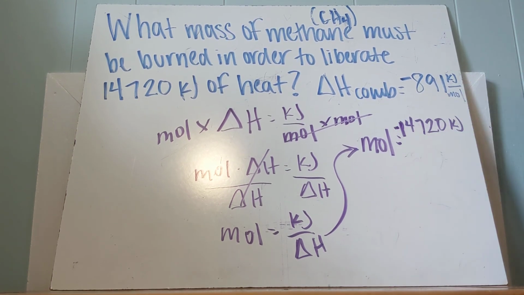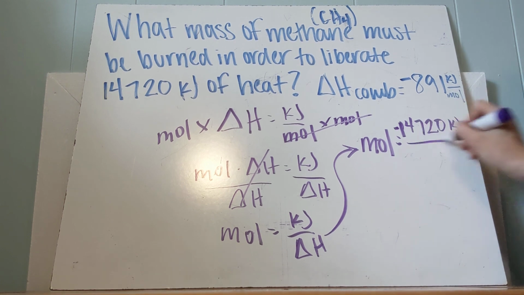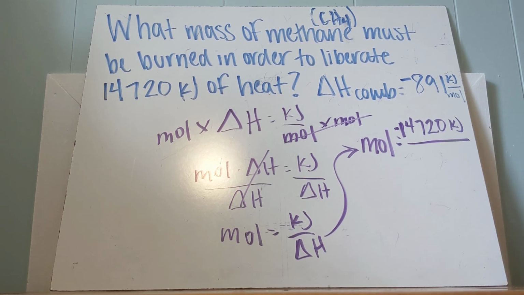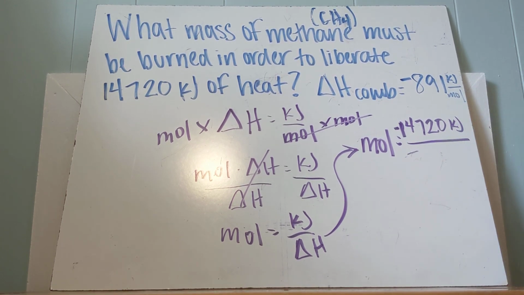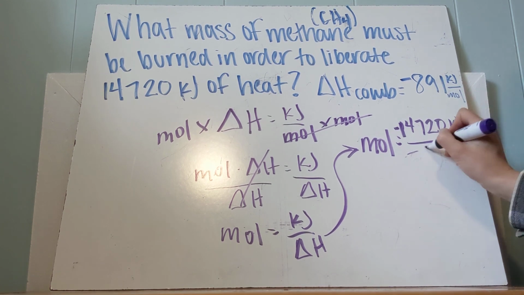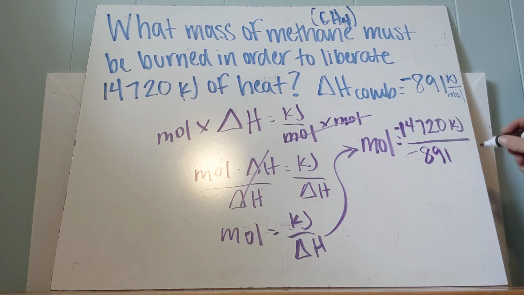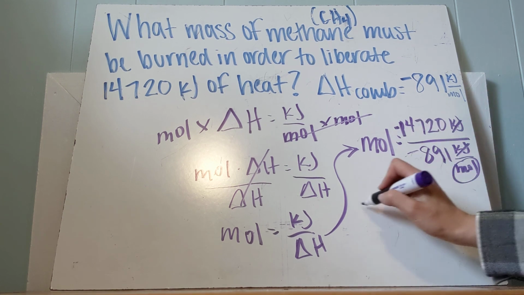I'm going to make that number negative. And then I'm going to divide it by its delta H of combustion. Now remember, delta H of combustion is always exothermic. That's why this is negative. Those kilojoules are going to cancel. I'll be left with moles on the bottom of the bottom, which equals moles.